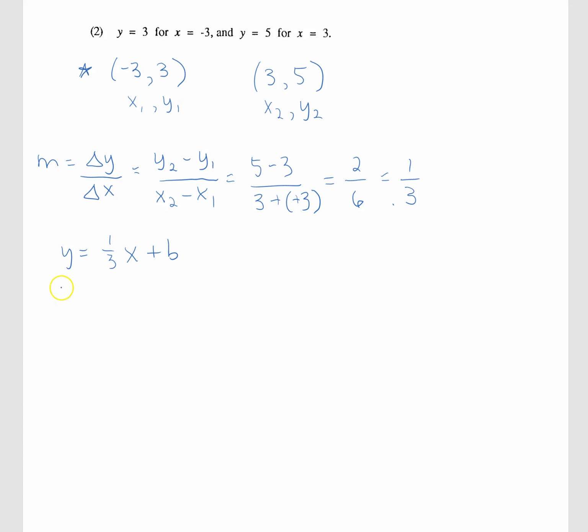So this gives me 3 equals 1/3 times negative 3 for my x plus b. So 1/3 times negative 3 is negative 1, because my 3's cancel out. I just have that negative there. And then adding 1 to both sides of my equation gives me 4 is equal to b. So this means that my full equation is y equals 1/3 x plus 4 for part 2.